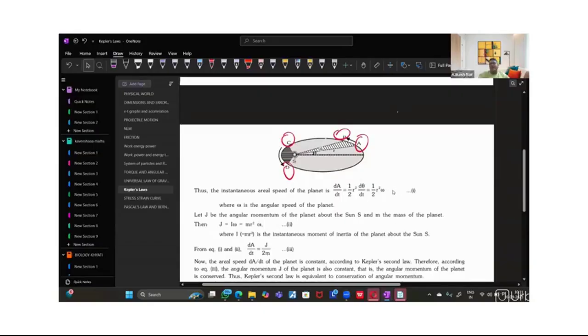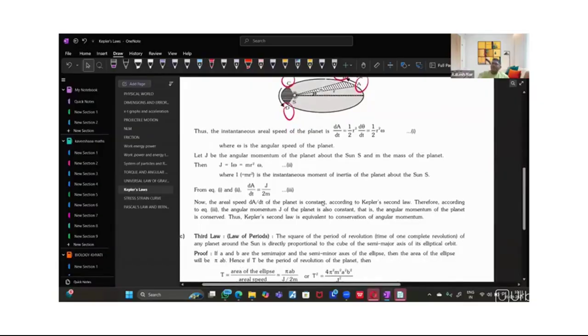From here, we get half times r square omega, where omega is the angular speed of the planet. It is dθ by dt, basically the angular motion possessed by that particular object in unit time interval.